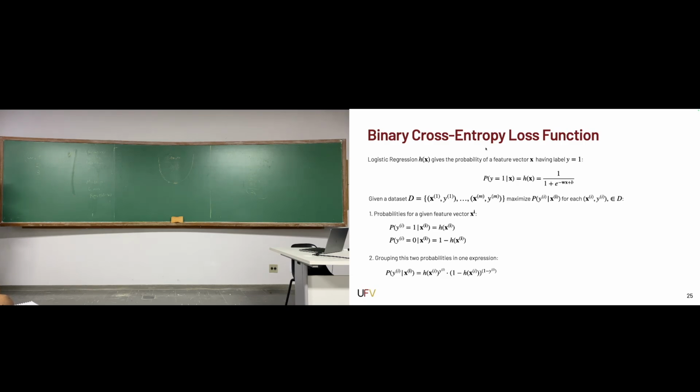And the other option is, if y i was 0, then this exponent would be 0, so this term here would be 1, and 1 minus 0 would be 1. So I would have left just the second term. Okay? So this expression is just these two combined.